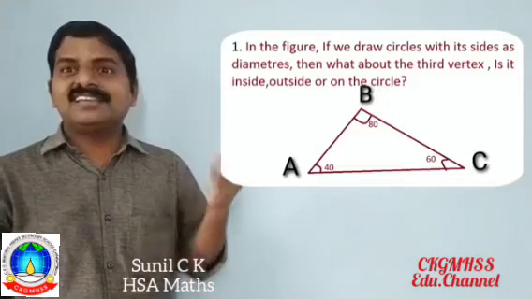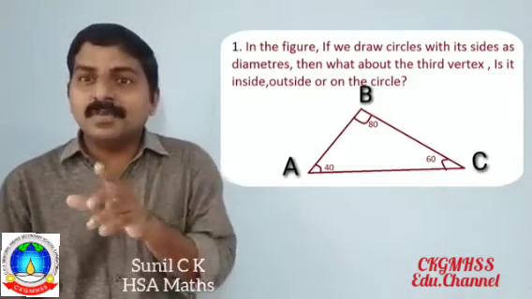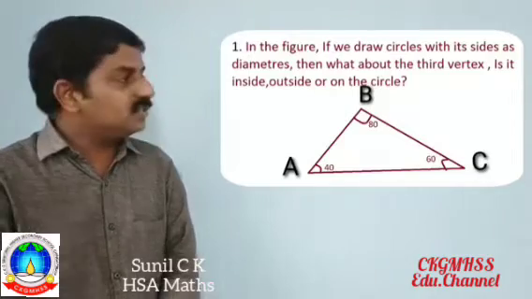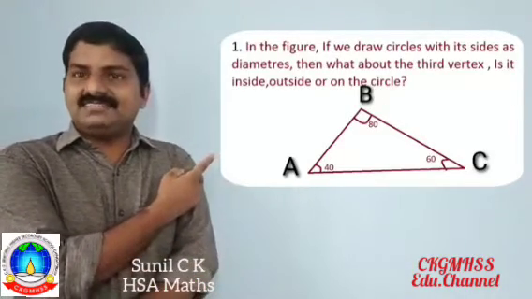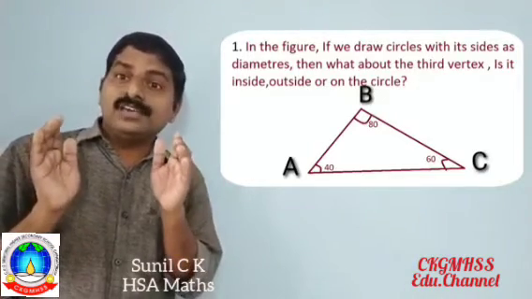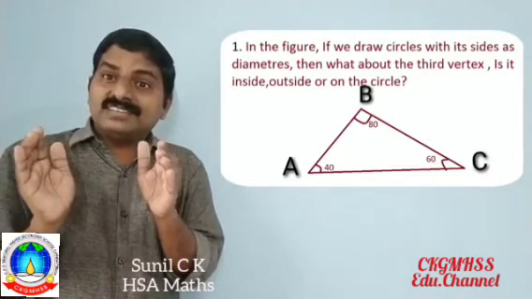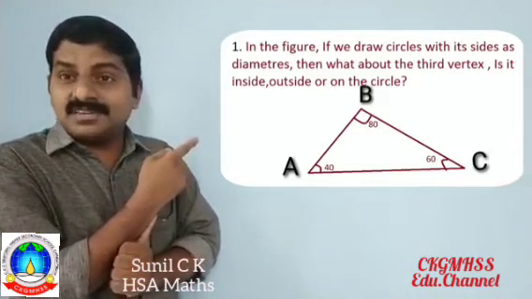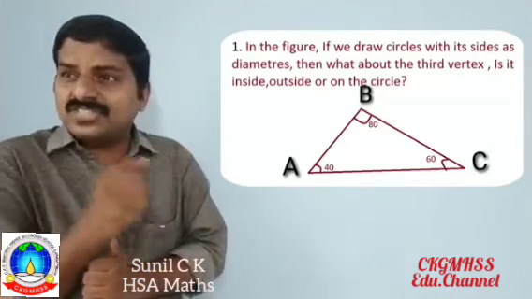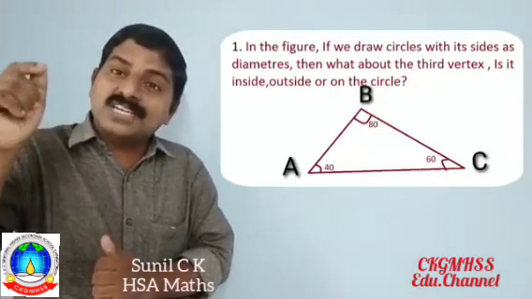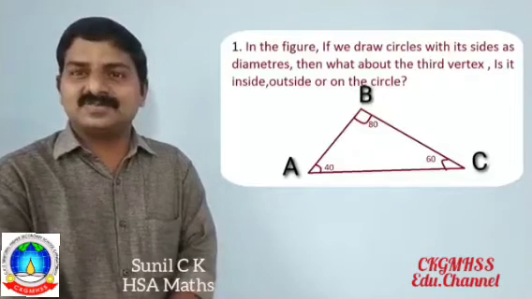It is very clear. It depends on the measure of the angle. Just take the first side AC. If we are drawing a circle with the diameter AC, then we have to check whether the point B is inside, outside, or on the circle.